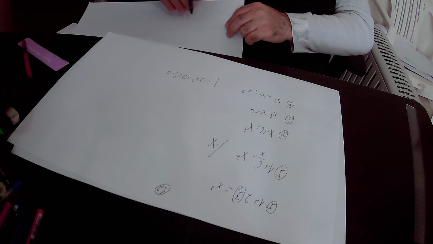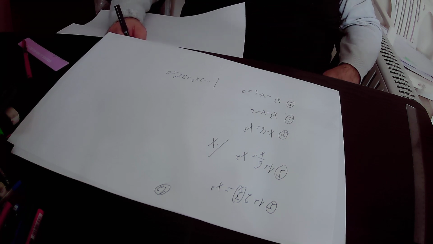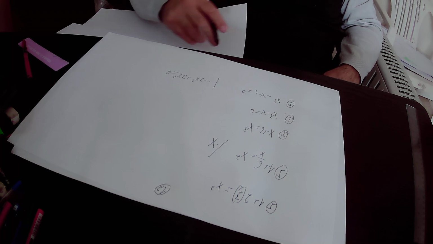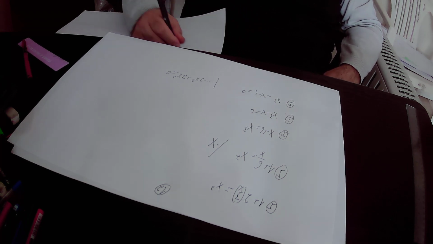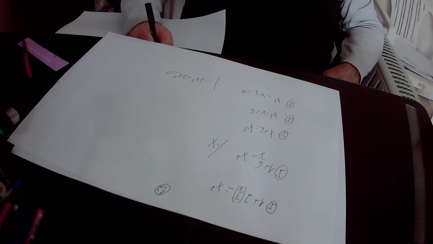So we will subtract 2x squared and then add 2x squared to equation number 1, and we'll get that x cubed minus 2x squared plus 2x squared minus x minus 6 equals 0.